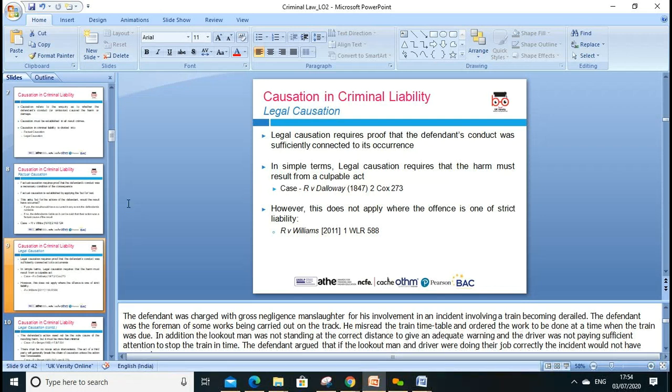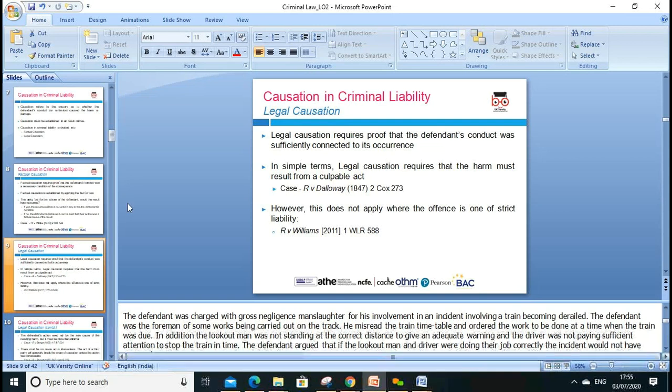In this case, the defendant misread the train timetable and ordered the work to be done when the train was due. In addition, the lookout man was not standing at the correct distance to give adequate warning, and the driver was not paying sufficient attention to stop the train in time.